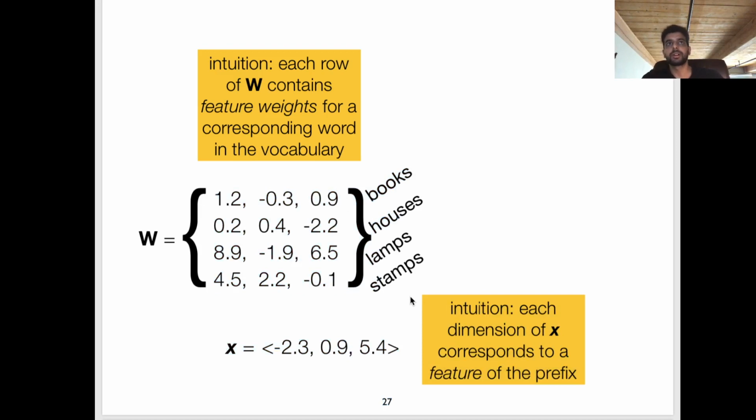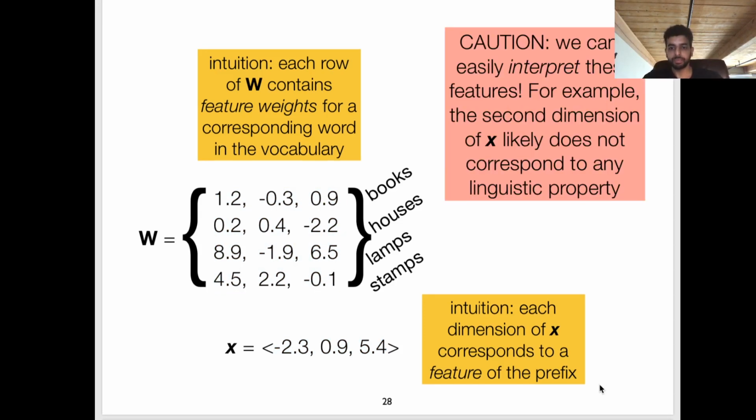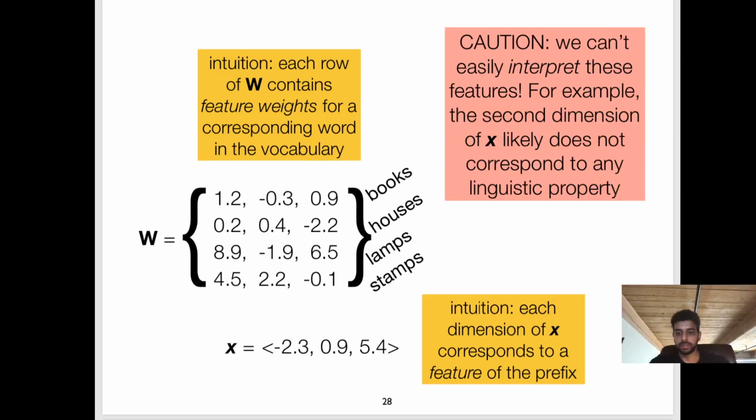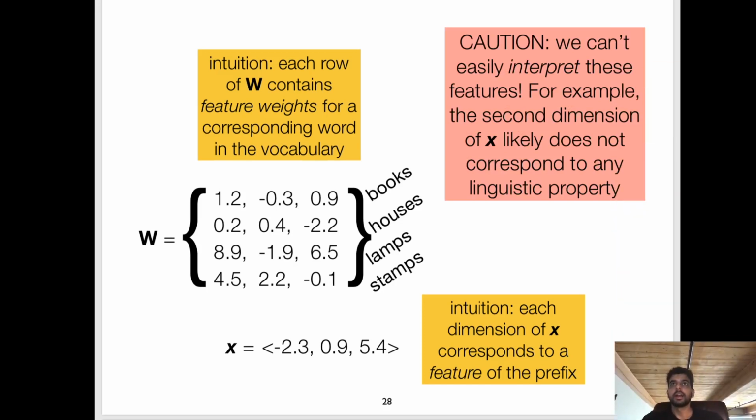So that'll be a little more clear when we go over the actual computation. But at a high level, the dimensions of the prefix representation correspond to features, and the rows of the weight matrix correspond to feature weights for a particular word in the output vocabulary.